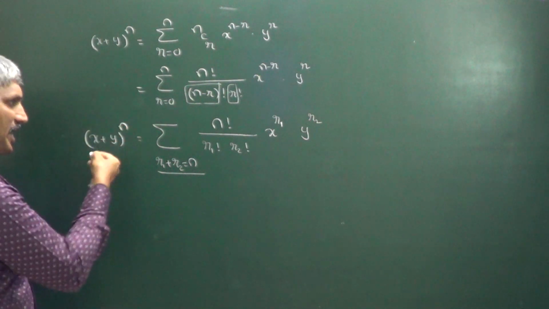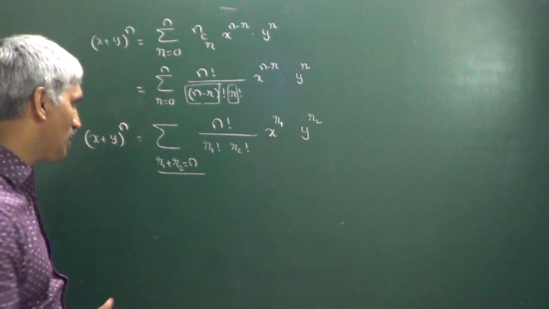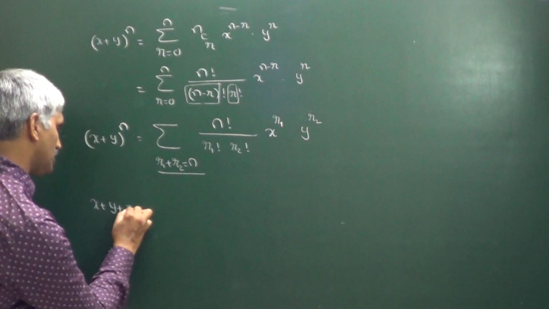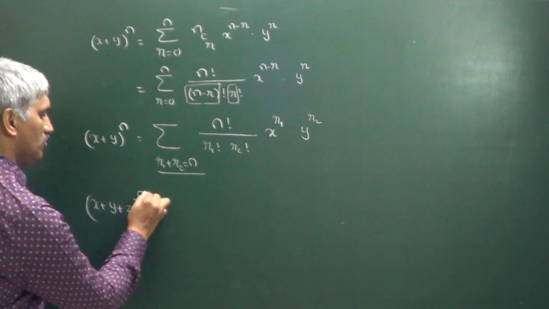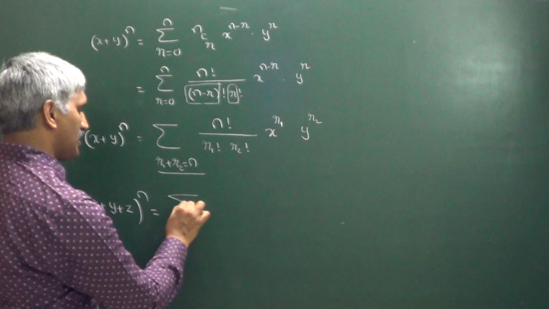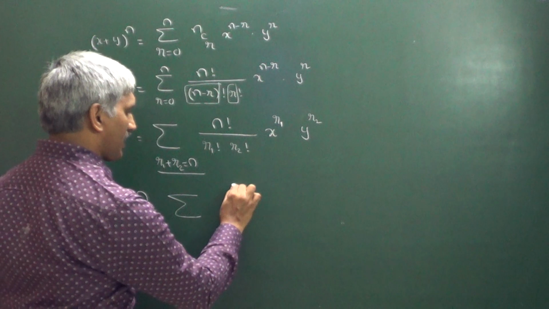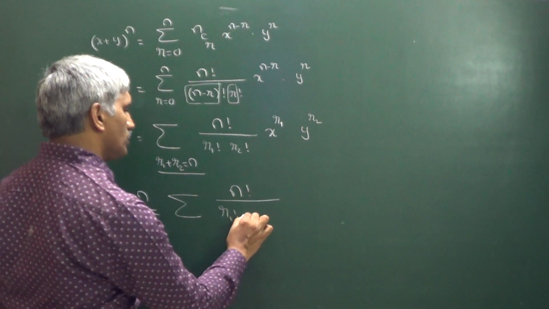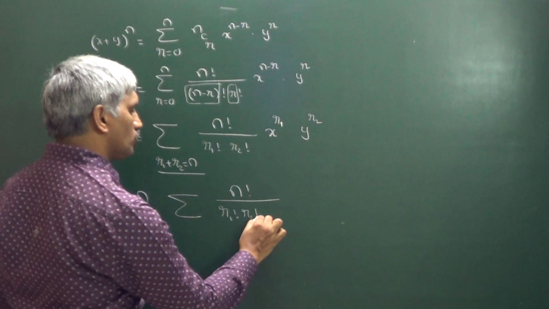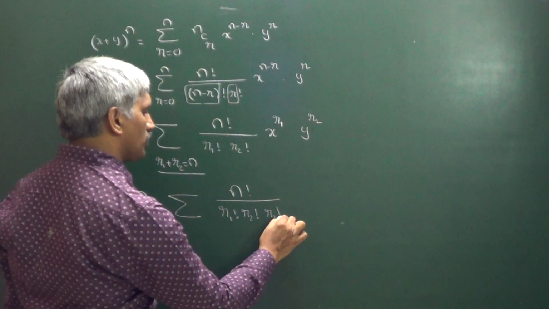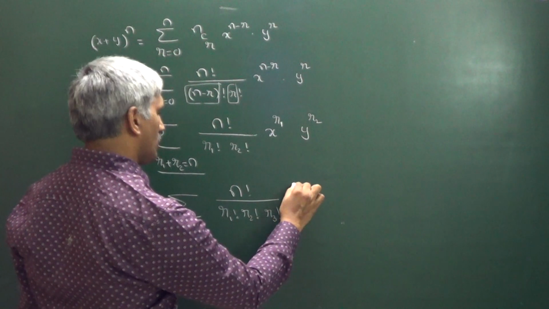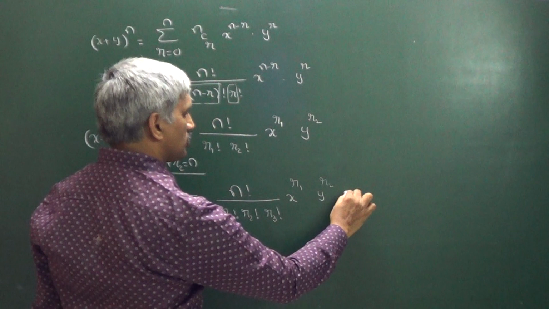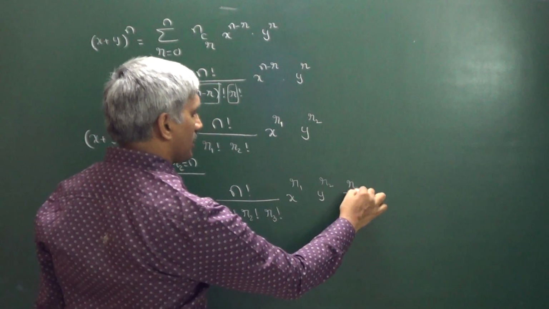The same extension I am going to discuss for the trinomial. What can we write? (x + y + z)^n can be written as summation n factorial divided by r1 factorial into r2 factorial into r3 factorial, into x^r1 y^r2 z^r3.